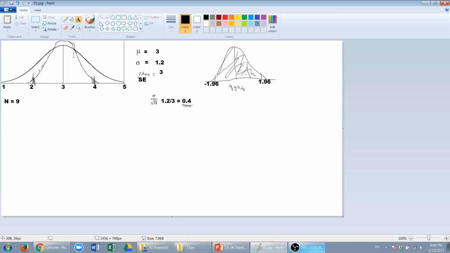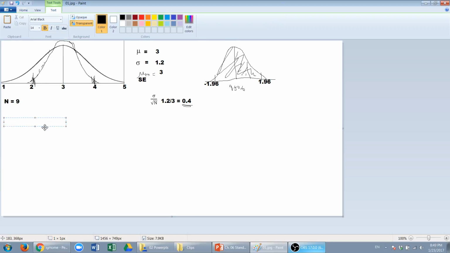You see, this is the distribution, and this is 95%. This is 1.96 right here, or negative 1.96, the z-scores. So if we want to know the range, all we need to do is convert the z-score into the raw score, which is not so hard because we already know the formula of the z-score.